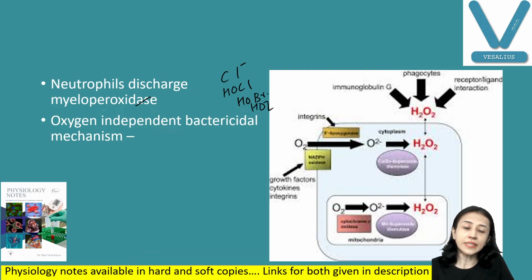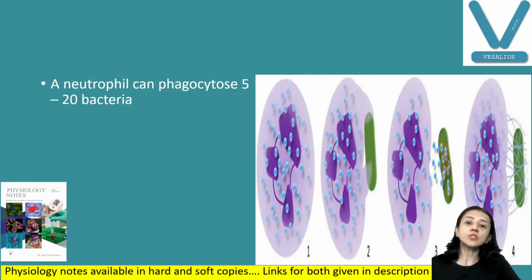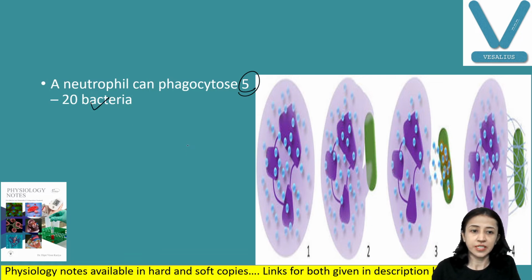And these all are potent oxidants, and that oxygen independent bactericidal mechanism also plays an important role in the destruction of bacteria. Now, a single neutrophil can phagocytose about 5 to 20 bacteria, and after that it gets inactivated, and the toxin released from the bacteria is also killed by the neutrophil.